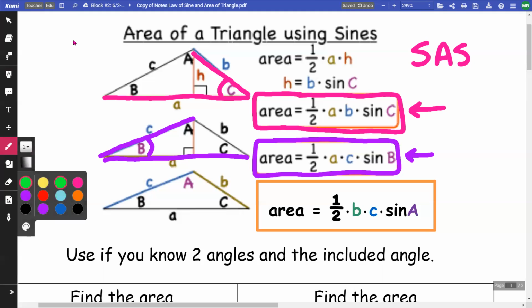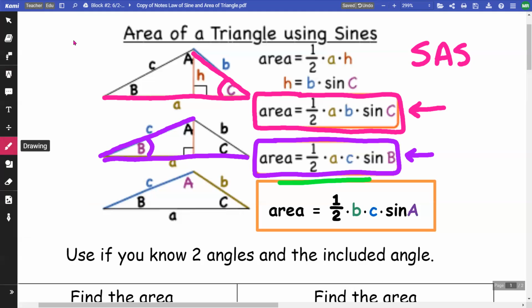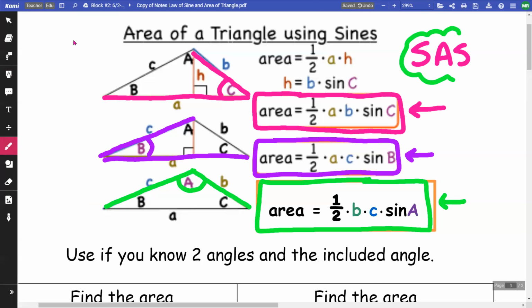If I'm using this one here, 1/2 B times C times sine of A, I basically know my angle A. Again, I need to know the sides that make that angle, so I need to know C and B. Okay, so all of these situations are side angle side.